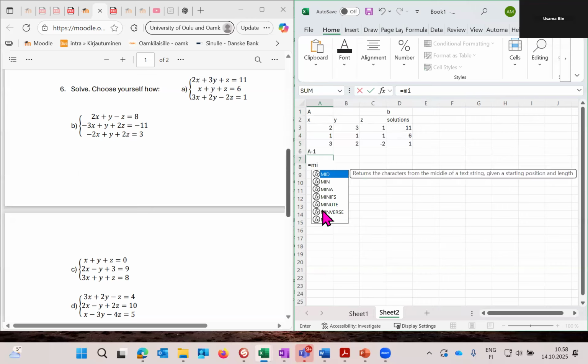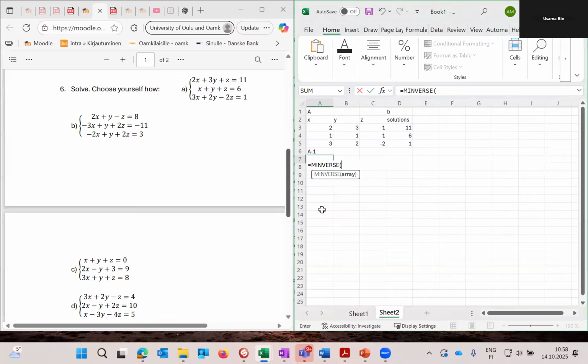I take the inverse. And then I just put one array here. Just like that. Okay, now this is something horrible. If I would have to calculate this by hand, it doesn't look nice. And then, what did I do next? I just get the solutions, yes.